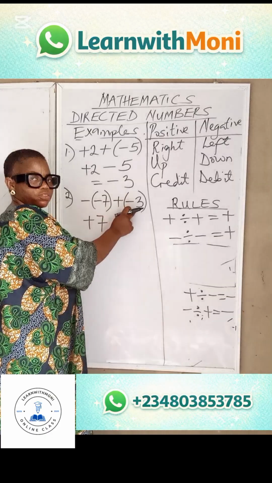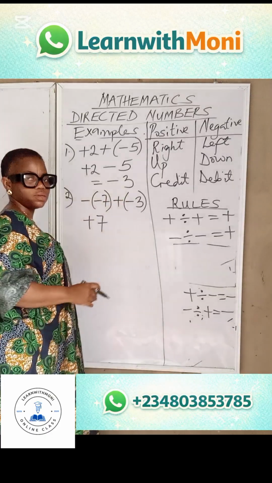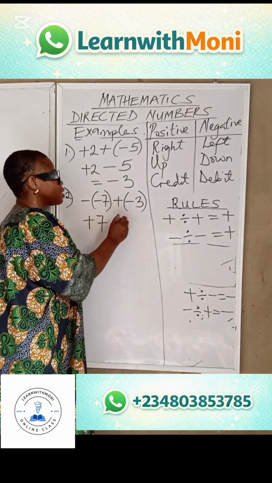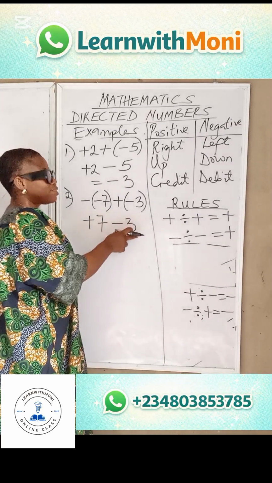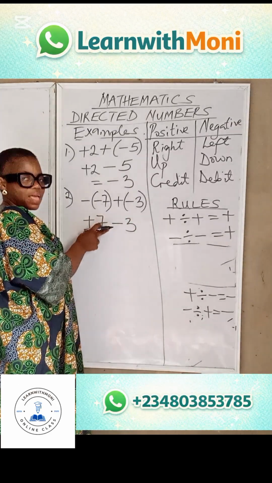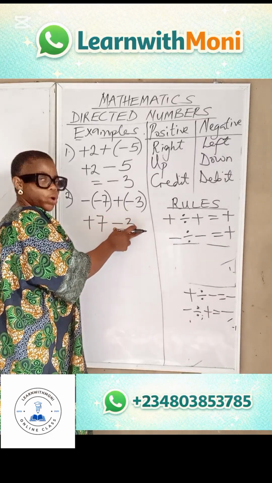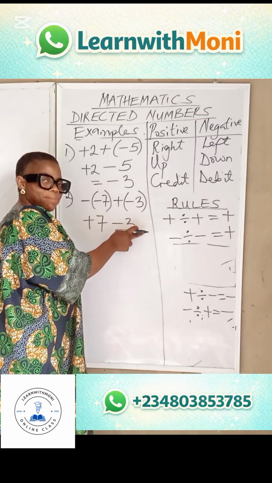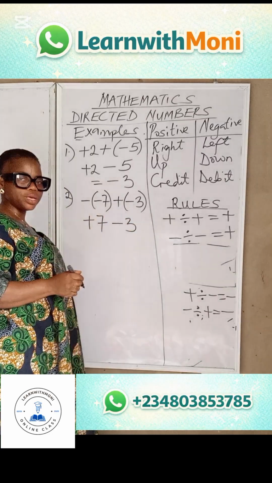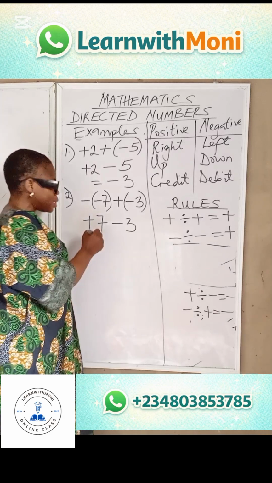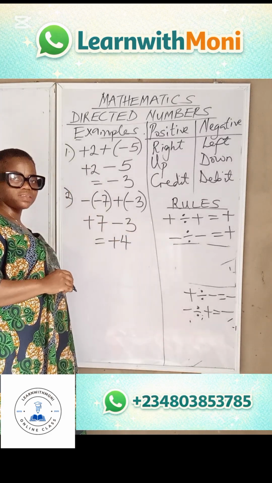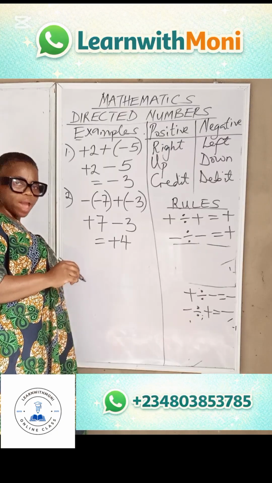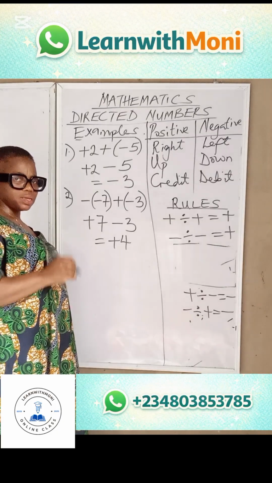Plus times minus. The signs are different. So the result is going to be negative 3. So we have positive 7, negative 3. Meaning I have 7 in my pocket and I'm owing 3. By the time I pay my debt, I will still be having 4 in my pocket. Isn't it? And that is 4 in my pocket, 4 in my account. That is positive 4. I hope you are following with this.